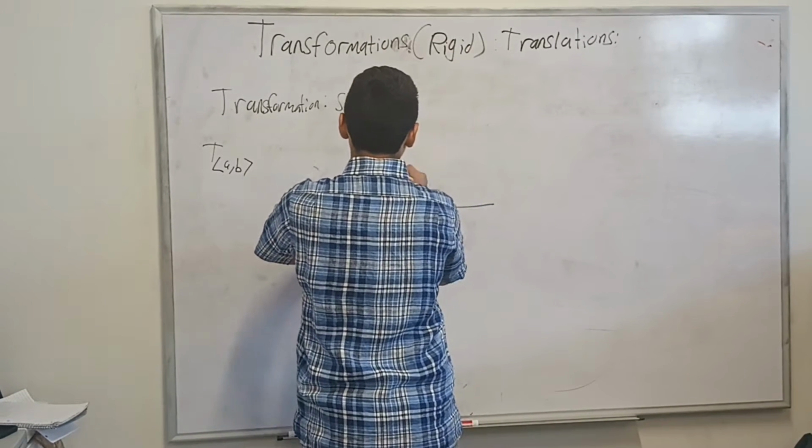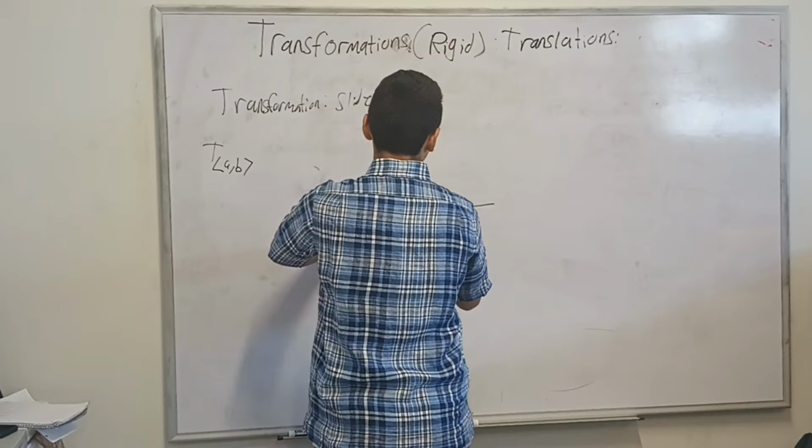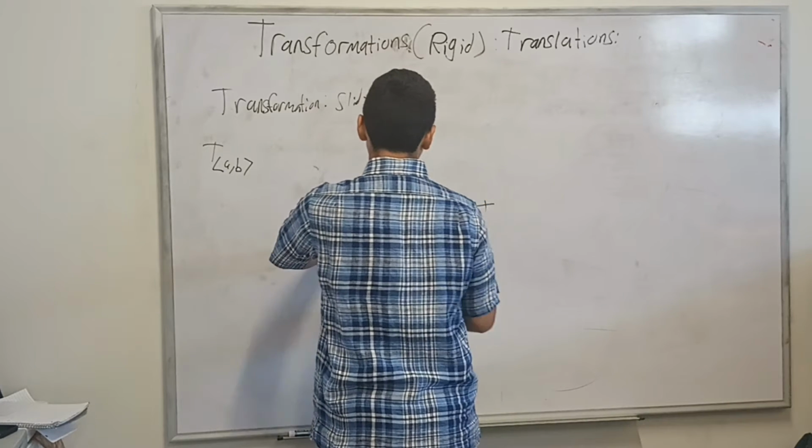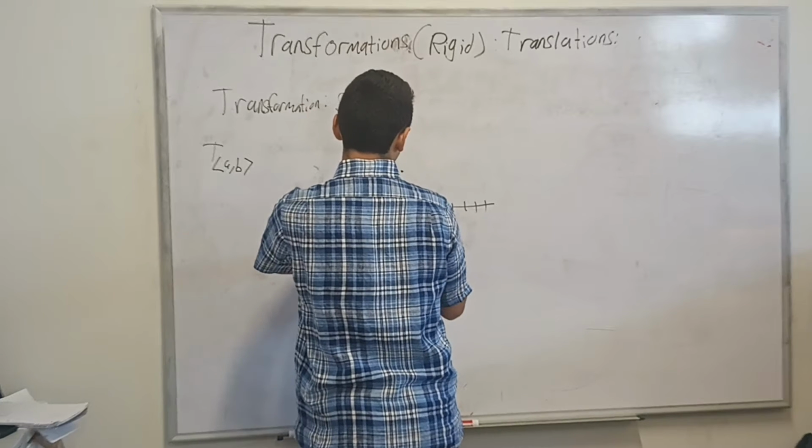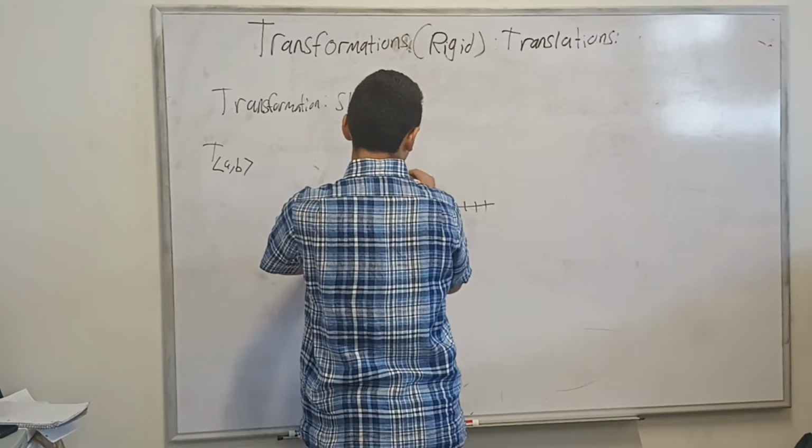So let's say we have a coordinate plane here. Let's draw this. We have a triangle at (1, 1), (1, 3), and (4, 1). Okay.